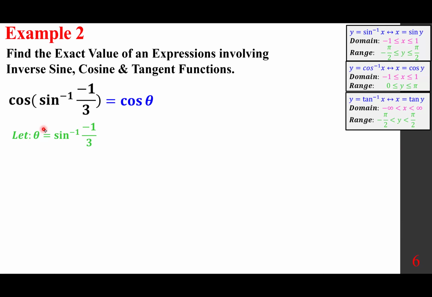Remember, the restriction for the sine is you go from negative pi over 2 to pi over 2, so it has an inverse. Okay, so theta is between negative and positive pi over 2, and also we know that it's equal to y over r.